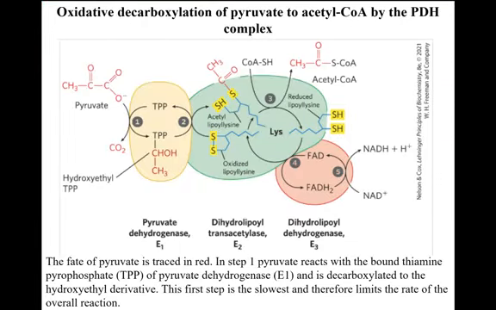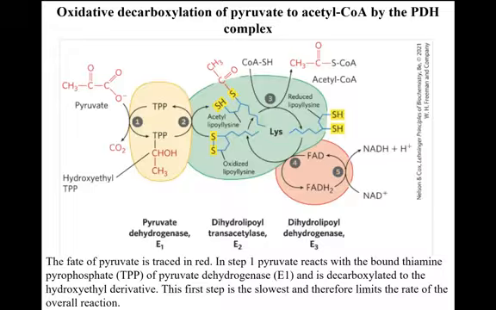So the process and mechanism behind having the pyruvate and ending up with acetyl coenzyme A, NADH, and carbon dioxide released. What happens first is at the first site, which is enzyme 1, the pyruvate dehydrogenase. The fate of pyruvate is traced in red.